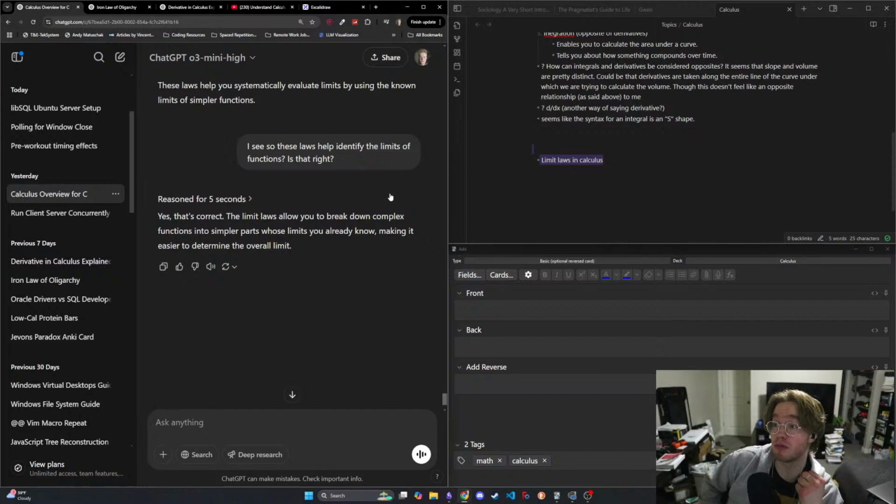So, as part of some process, we have to identify the limit. And the limit allows you to break down functions into simpler parts, and you can derive limits from those simpler parts using the limit laws of calculus. I think I will make an Anki card of that.